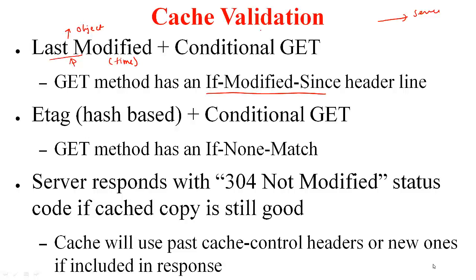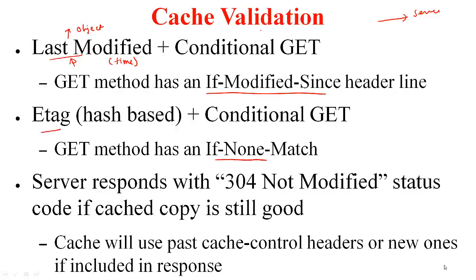Apart from last modified, you can also do cache validation via this eTag field. Last modified is time based, whereas eTag is hash based. Basically, the server does a hash of the contents of the object and includes it in its reply, which you store. And next time you contact the server with if none match by passing the tag that you have.